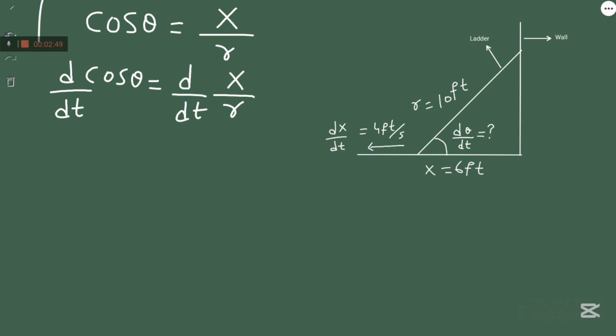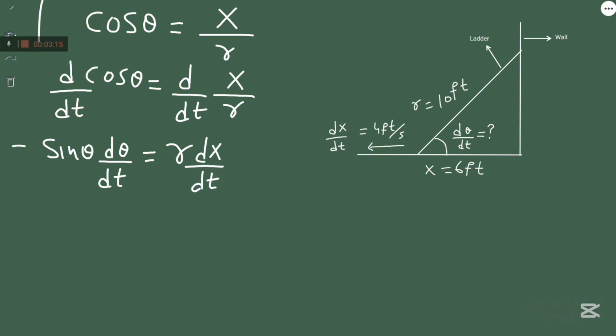So further I can write minus sine theta d theta over dt, and here I can write dx over dt.